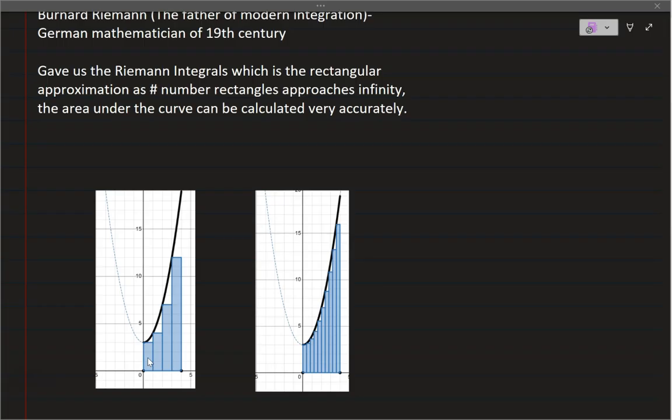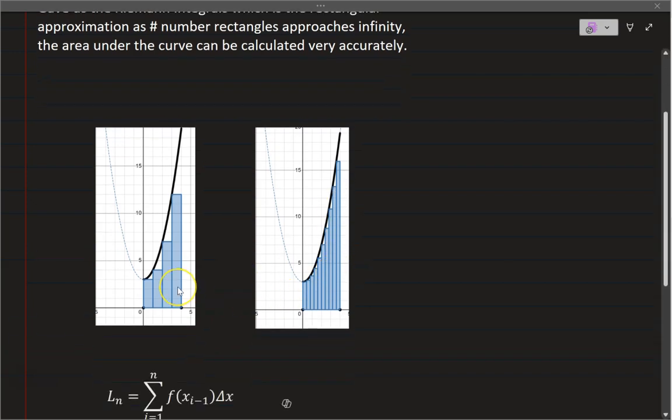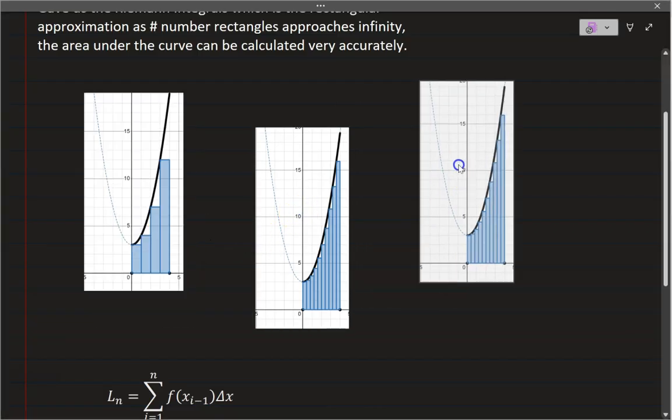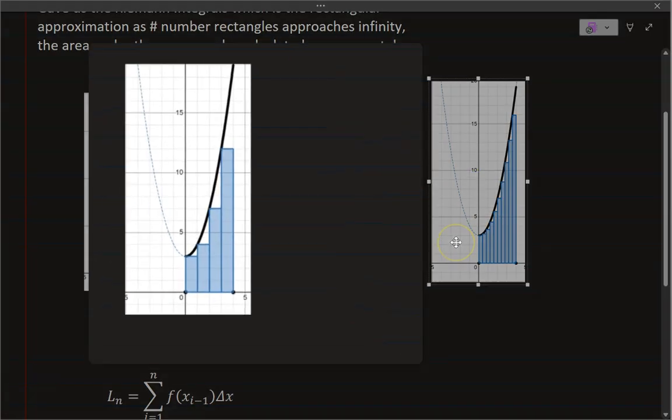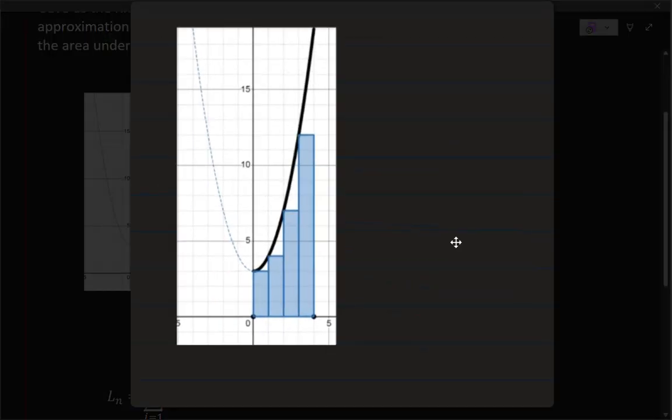But the idea was this: as we change the number of rectangles, we notice that the area under the curve becomes more and more accurate. So look at this one. This one has this graph, the first one, and then we're going to look at the second graph. The first one, we have the interval between 0 and 4, and the subinterval is 1.